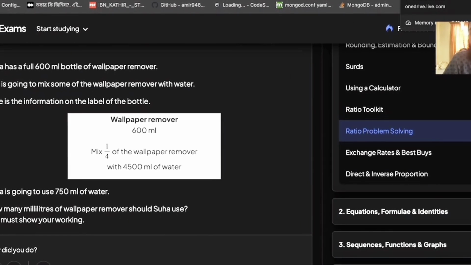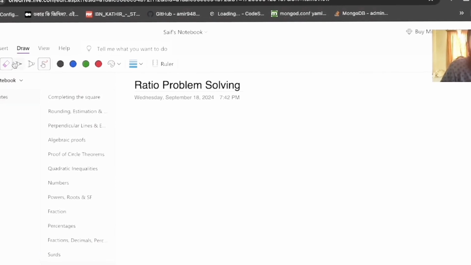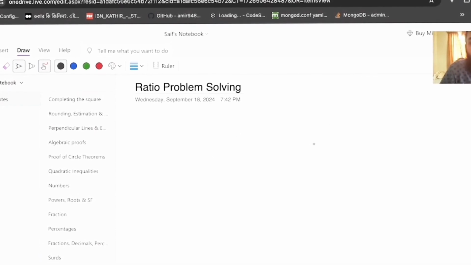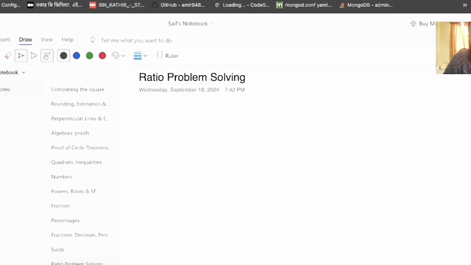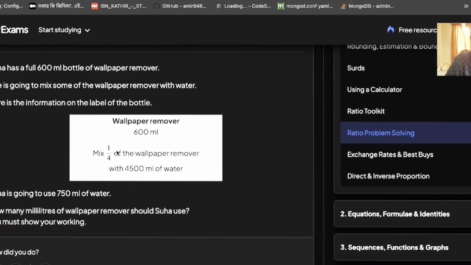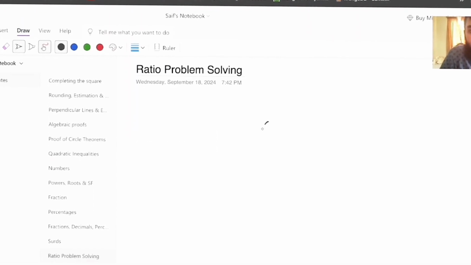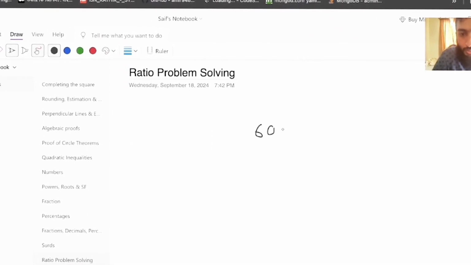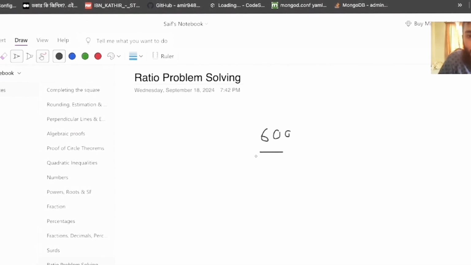If I use my pen tool, what does it say on the bottle? It says 600 milliliters, so 600 milliliters of wallpaper remover is available in total.